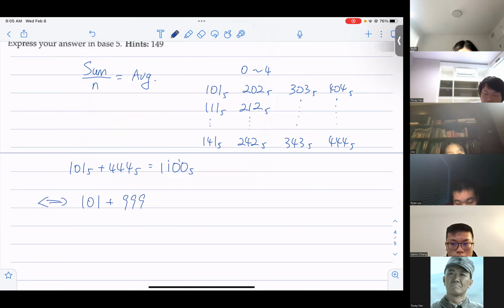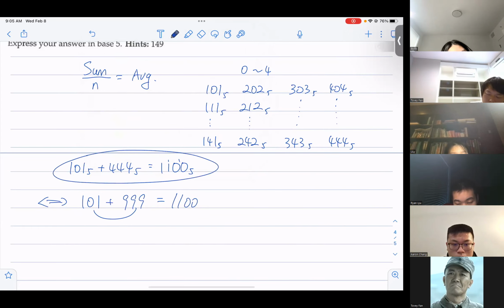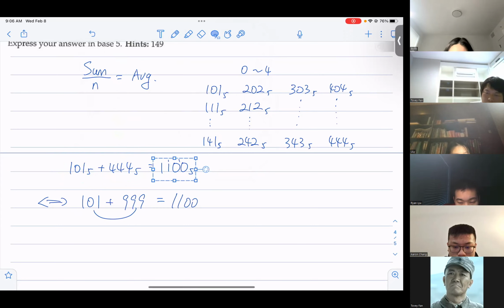In a decimal system, 1 plus 9, you're going to carry over. The same, right? See? So if you're doing this addition, of course, you do 1 plus 99 is 100, plus 1000 is 1100. So when you're doing base 5 arithmetic, that's the same, okay? 444 plus 1, that's 1000 plus 100, you get 1100.